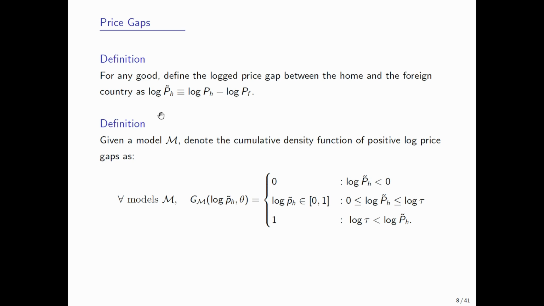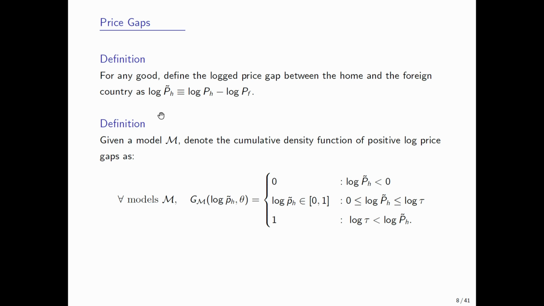And let's think about what this object looks like. There's a distribution of this object. The distribution, we call it GM, M for a different model. Let's try to visualize this distribution. If we're looking at the price of a good between the home and the foreign, and a good that we're potentially importing from abroad, we know a few things.